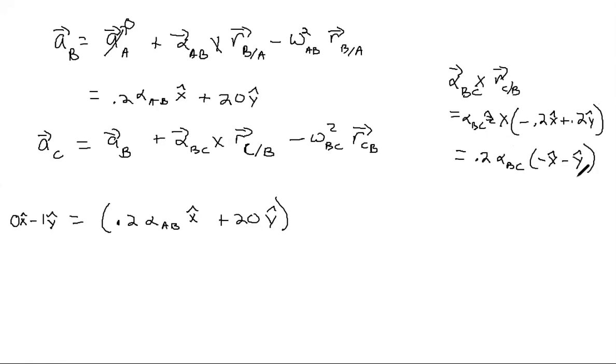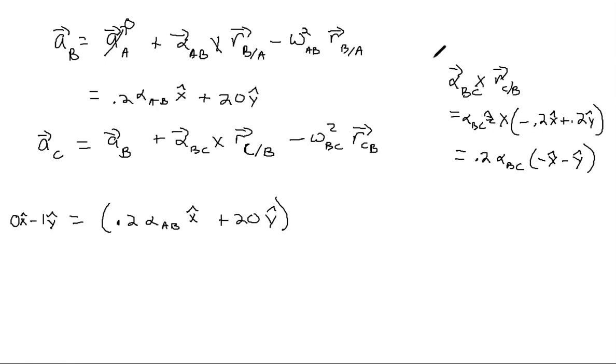Z hat cross x hat is positive y hat, but it comes with a minus sign, and z hat cross y hat is negative x hat. All right. Very good. So that goes over here.